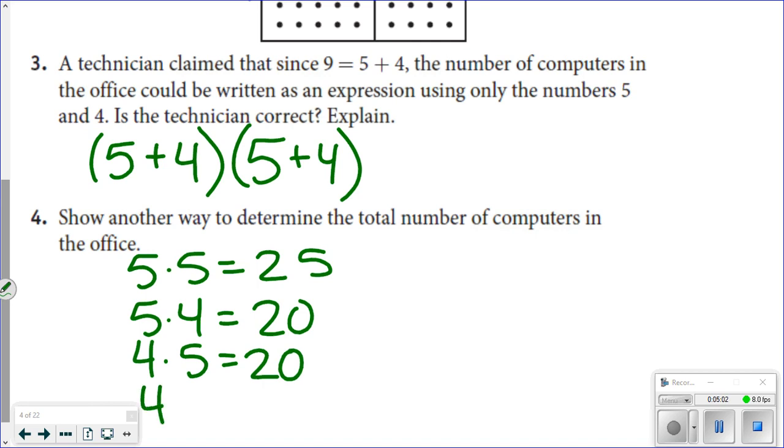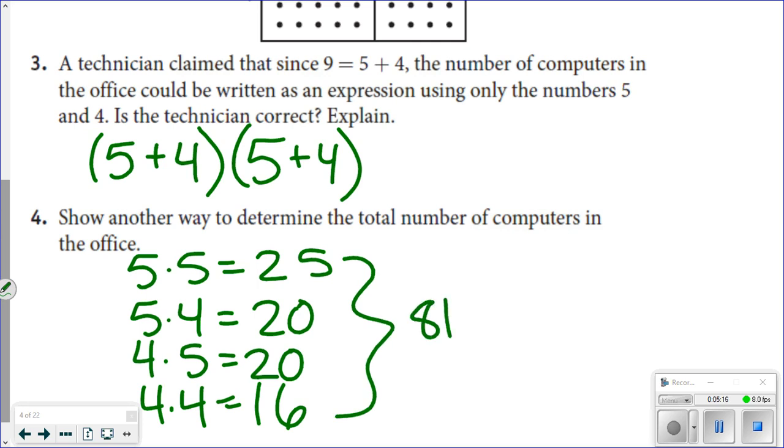And the last box is a 4 by 4, which is 16. And if we add these all together, the total here is 81. Now, remember the technician above said that the side was 9, and 9 times 9 is 81.